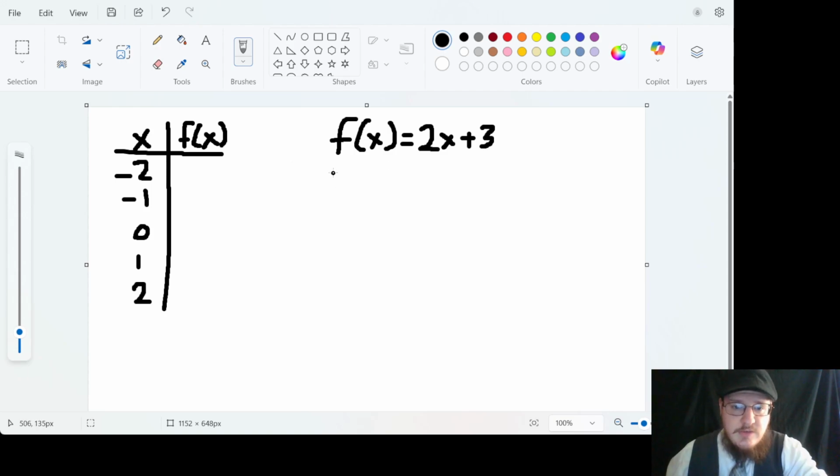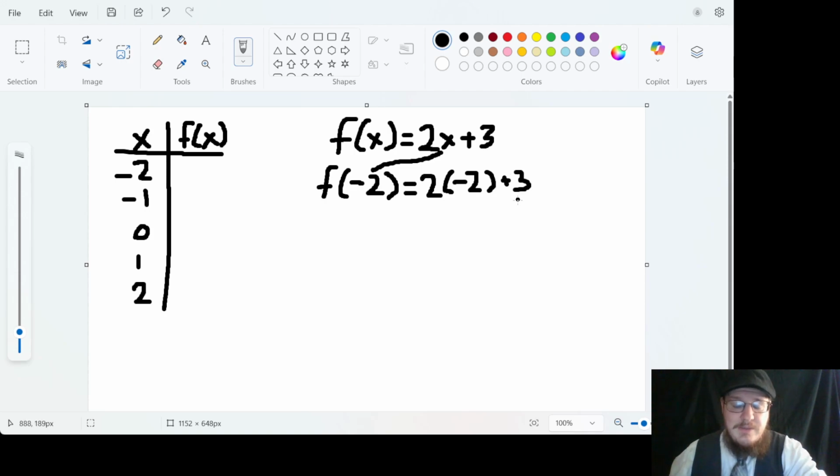Now, the way we write this is we do f of, instead of x now, we're going to plug in our first value, f of -2 equals, now, since we no longer have an x, we have a -2, we're going to plug the -2 in for x. So we have 2 times -2 plus 3. Okay? Now, with this, we then solve.